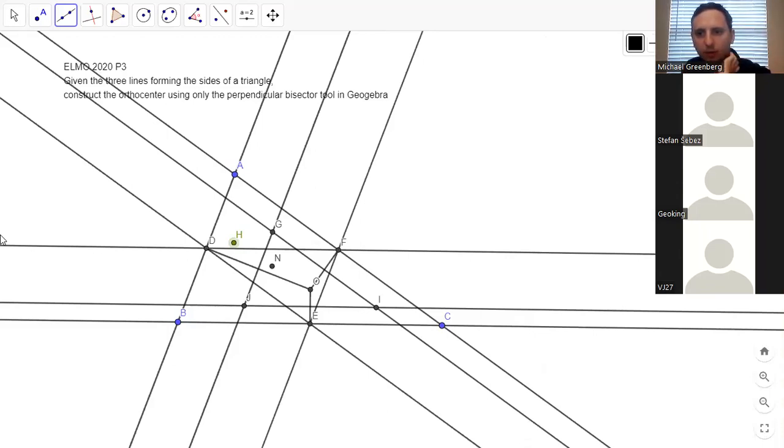H is the circumcenter of the reflection triangle of O. Okay. We can draw GN, JN, and IN also. Oh, because those are the perpendicular bisectors of DF, DE. Okay.